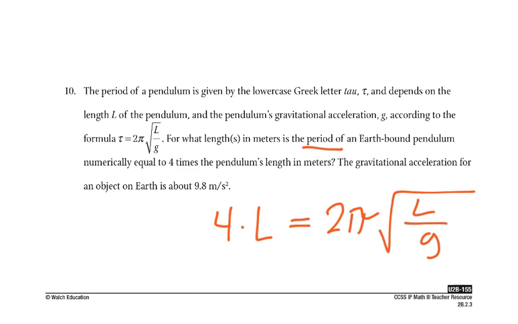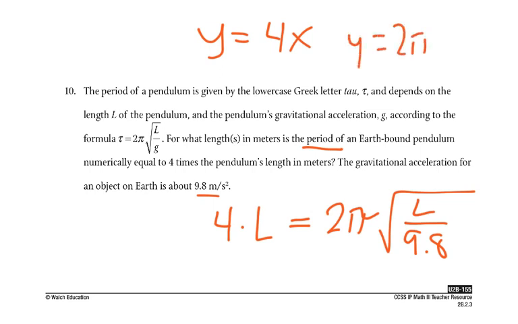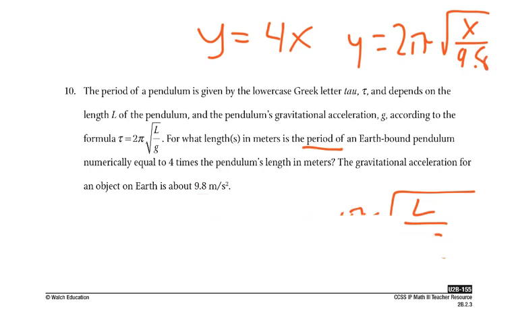Okay, now the pendulum's gravitational acceleration would be 9.8, so we put 9.8 here. So if I split this up and make y equals 4x, and y equals 2 pi square root of x over 9.8, we should be able to graph them both, and looking at where they're the same, that'll tell us the length.